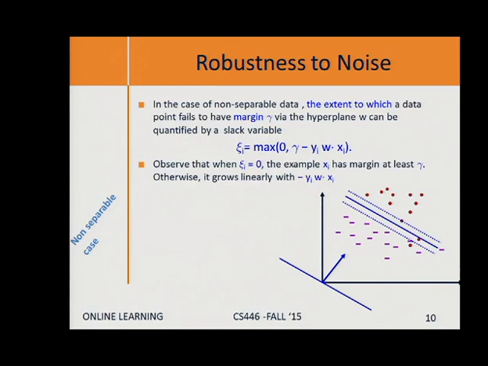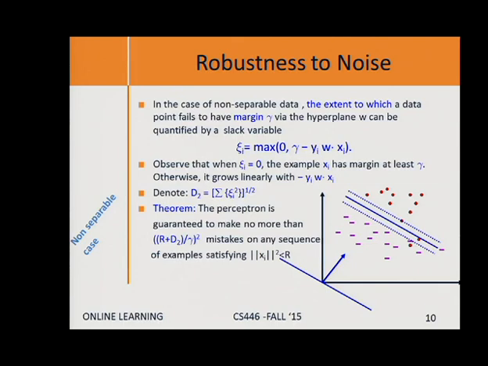So as a function of this psi, now I can quantify the behavior of the algorithm. First of all, I'm going to denote D2 as the L2 sum of all psi_i squared over all the data that I have, right? So every example has its own psi_i that measures how far it is from obeying the separability constraint. And the theorem says that the perceptron is guaranteed to make no more than ((R + D2)/gamma)^2 mistakes on any sequence of examples satisfying that all the examples are within an R ball.